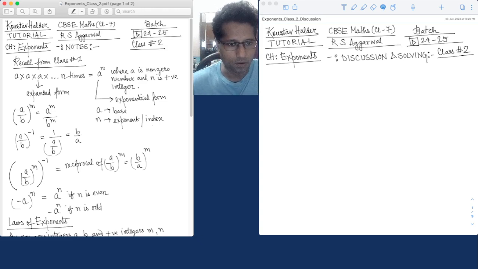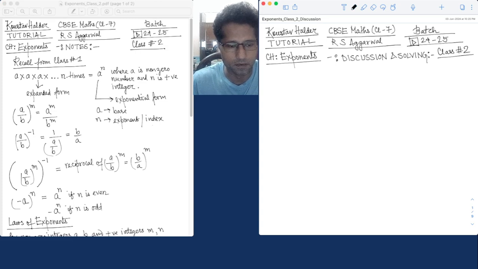Also we studied that the reciprocal of a rational number is denoted as a by b raised to the power minus 1, and that is nothing but the reciprocal of the rational number a by b, which is b by a. We also discussed the reciprocal of a rational number in exponential form.